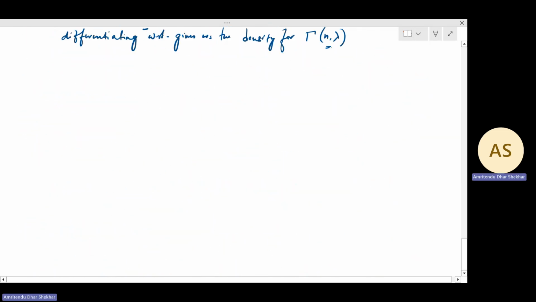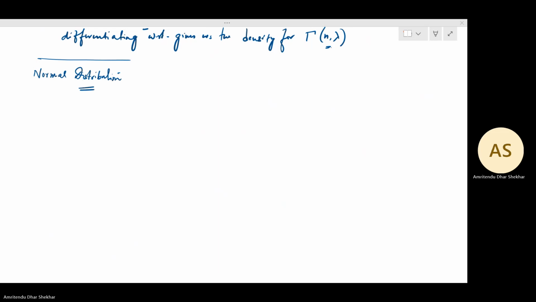Finally, let's look at the normal distribution, denoted as N of mu comma sigma squared, which is the mean and the variance.